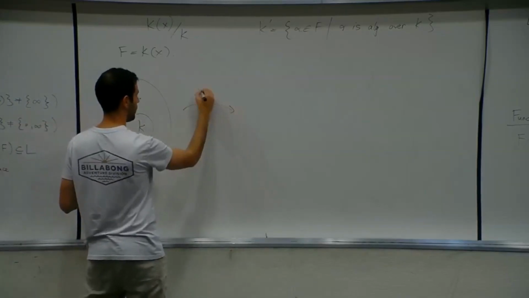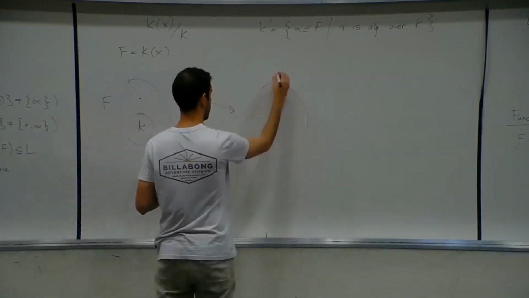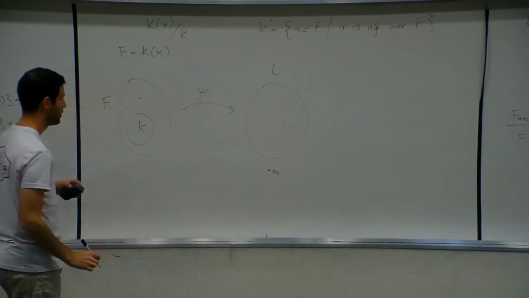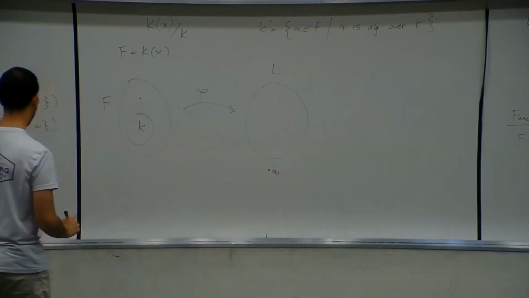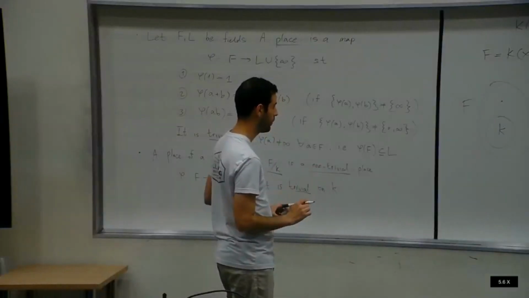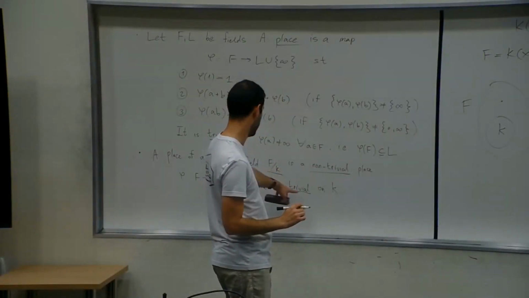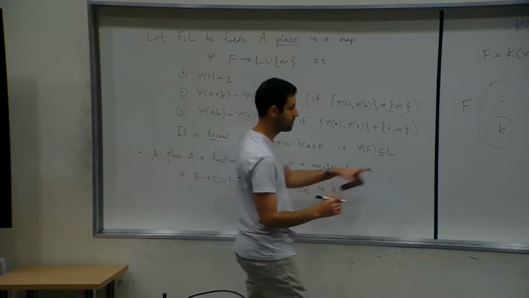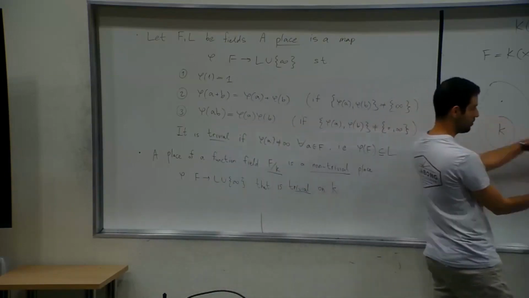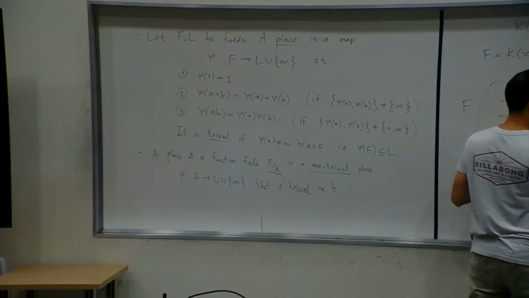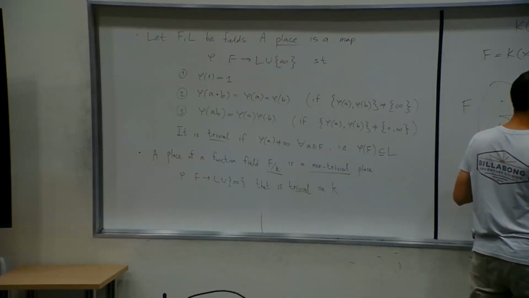We have the map phi, which maps to L and the point infinity. The place should be trivial on k, so the elements of k cannot be mapped to infinity, so they are mapped to L. This is phi of k.